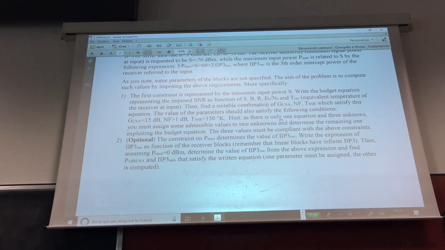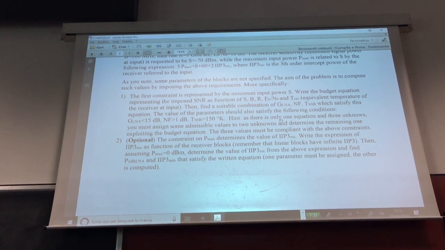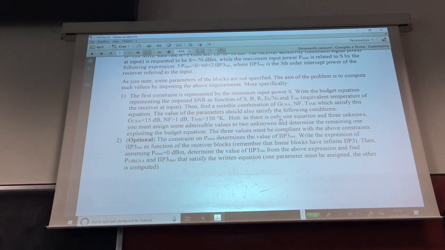There is another part of the problem which was optional in the test, in the exam, and concerns the constraint of P max, which determines the value of IIP3. Write the expression of IIP3 as function of the receiver blocks.